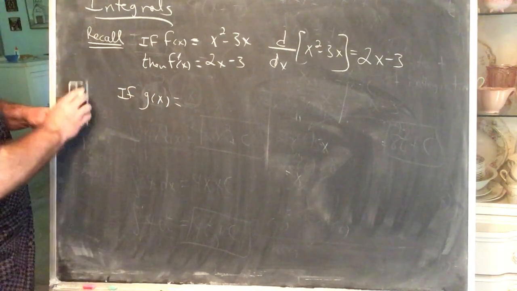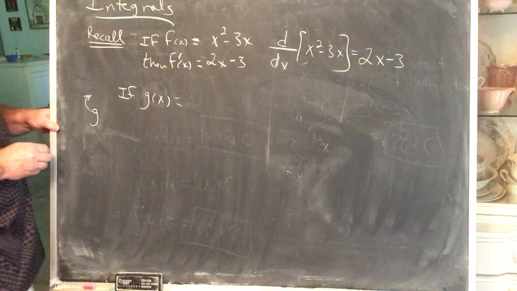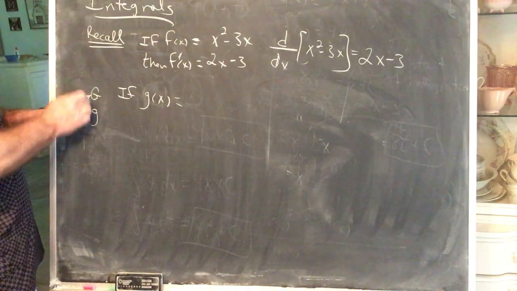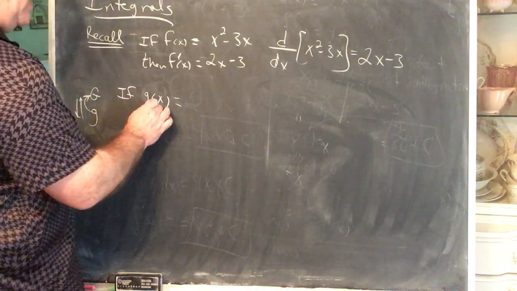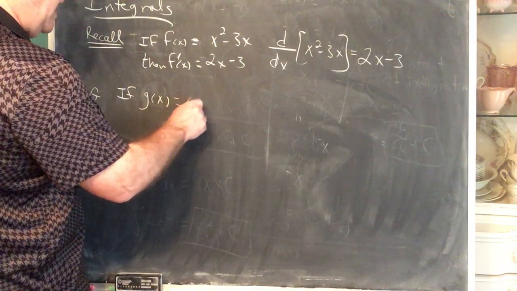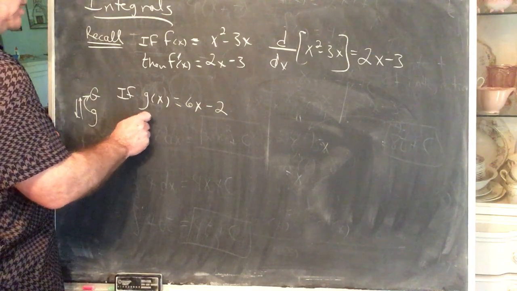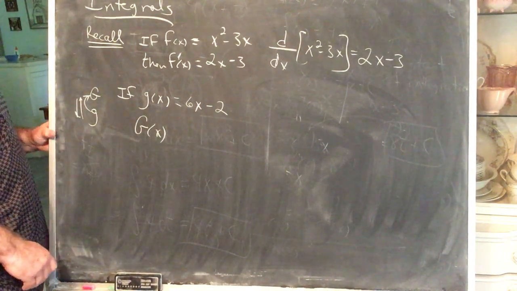So now we have little g. What's the antiderivative of lowercase g? It's clear it's going to be capital G. So this is the derivative going downward. This is the antiderivative going upward. So if g of x is given to be, let's say, 6x minus 2, then we may find the antiderivative. This is the antiderivative process.